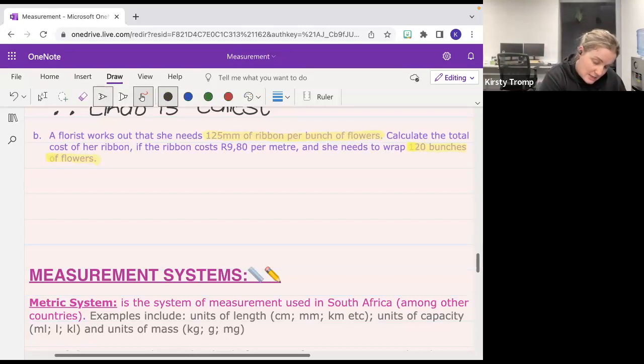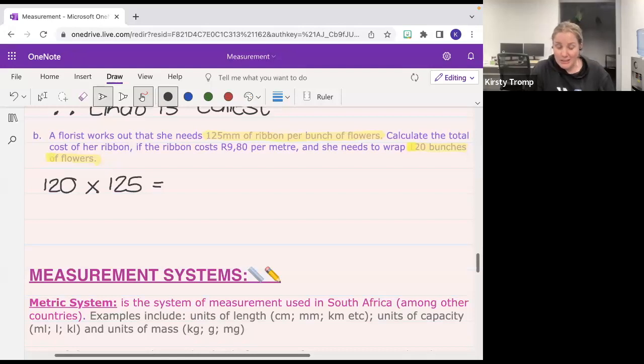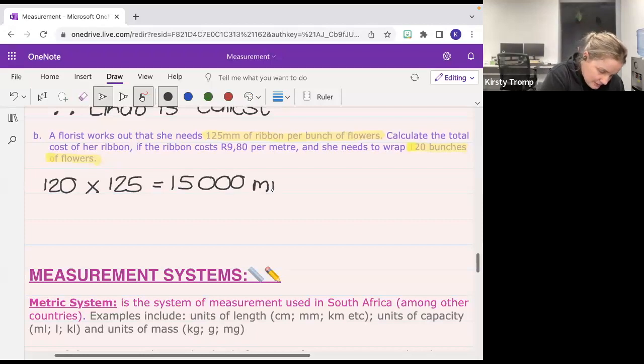So I've got 120 bunches of flowers times 125. On my calculator, I'm going to do that calculation. 120 times 125 gives me 15,000 millimeters.